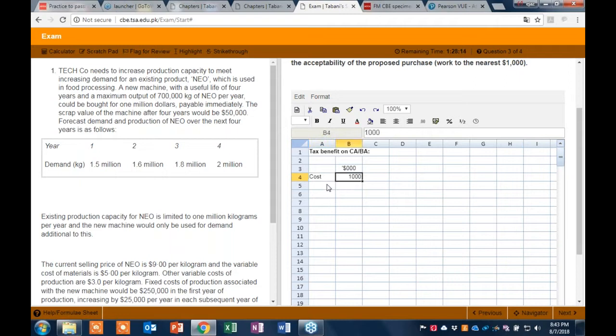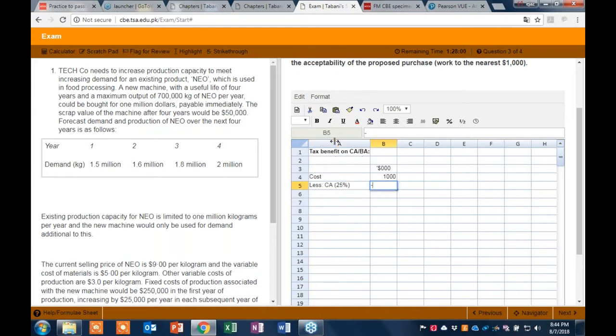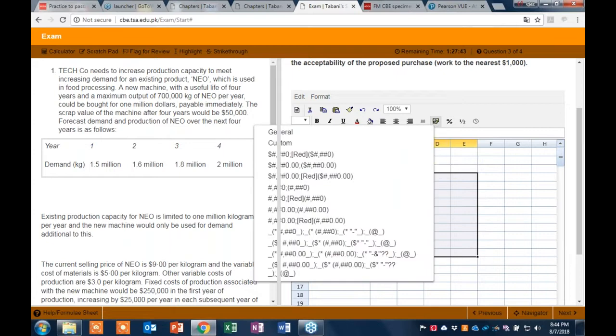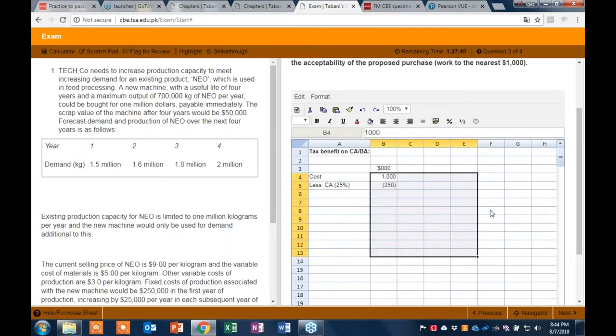Okay, so $1,000 is the cost of the asset, and in the first year, the tax authorities will allow us to claim a capital allowance equal to 25% of the cost of the asset as depreciation, which will be 250. So 250 will be the tax expense or depreciation for the first year.